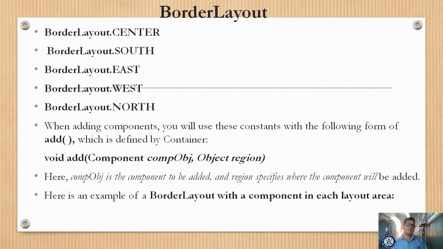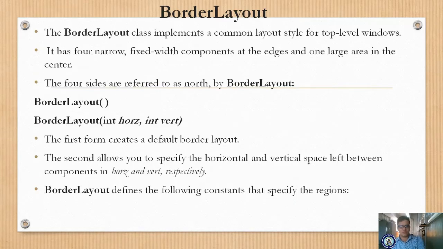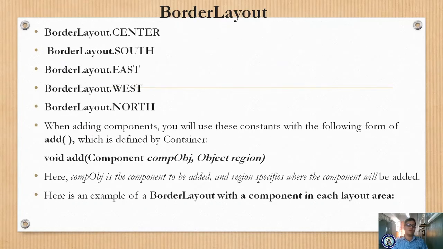Here we are having some constants. These constants are BorderLayout.CENTER, so content should appear in the center. BorderLayout.SOUTH, and likewise east side, west side, north side. Whenever we place a control in a border layout, by default it takes north. So north, south, east, west.